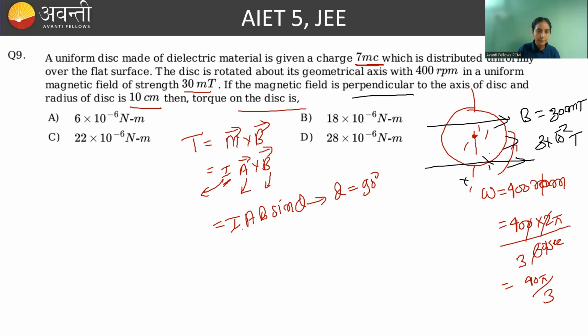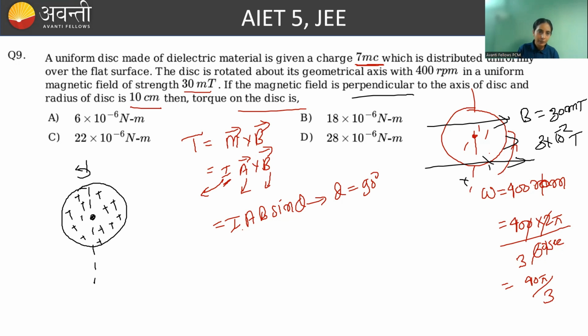Let me first make you understand what is happening. It is rotating along this axis. This is the axis of rotation. The disk is in this plane. It is rotating like this. Hope you are understanding. Now, suppose charge is distributed over this flat surface.